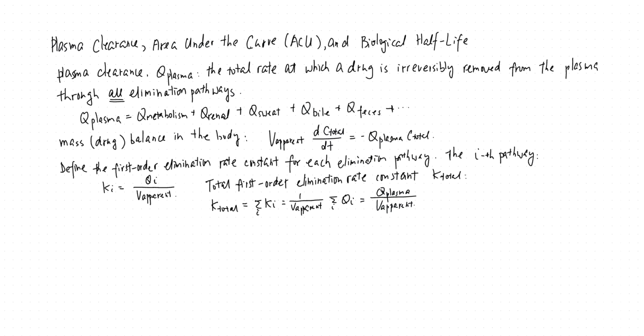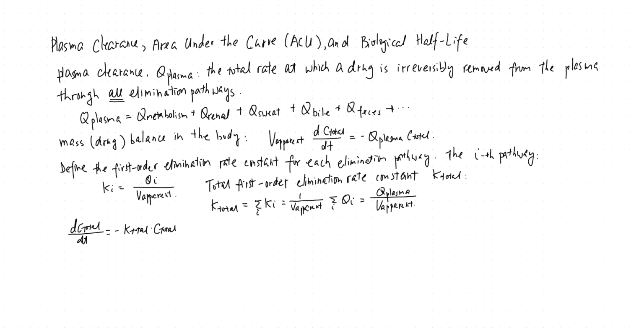So now we can write our equation in terms of K total. We have dC total dt equal to minus K total multiplied by C total. The two totals are different. The subscript for K total means all the elimination pathways.